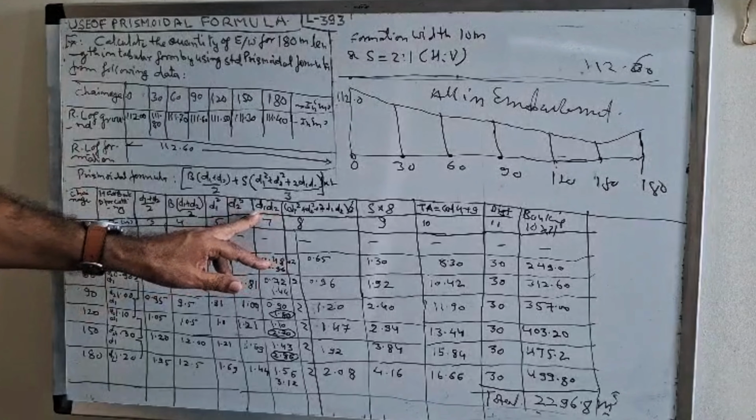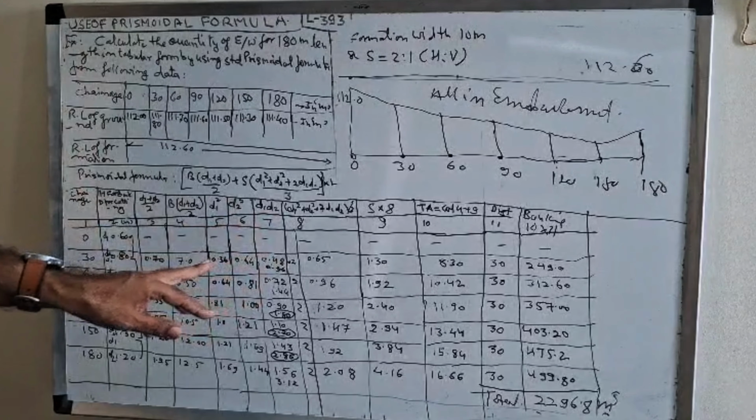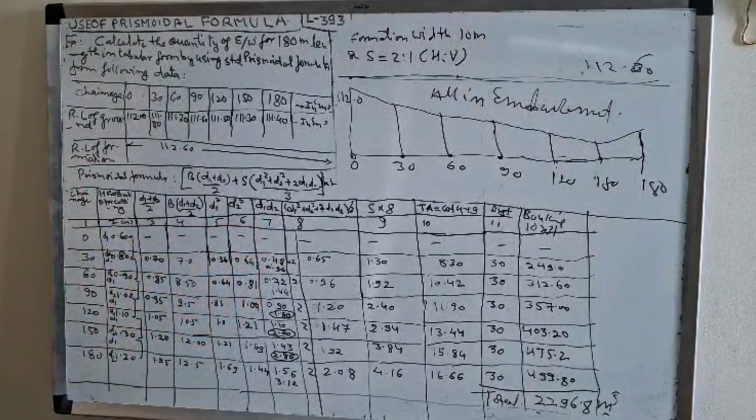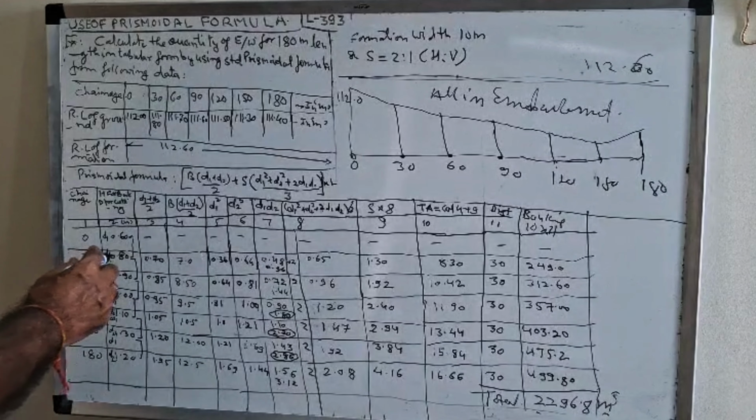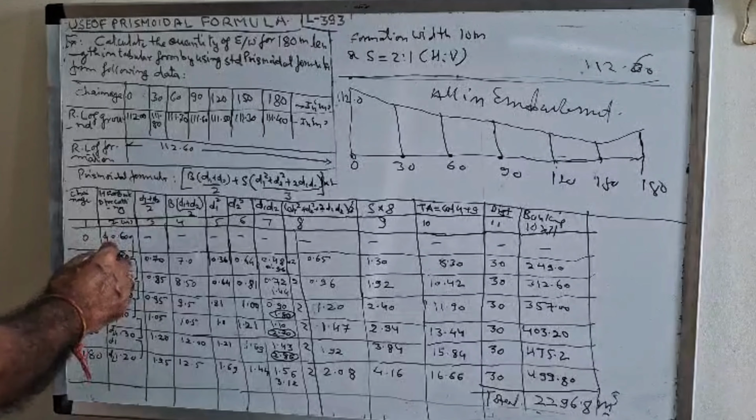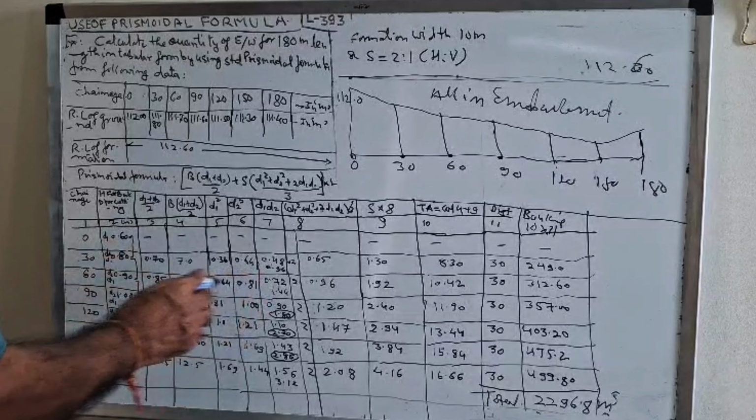You multiply d1 and d2. What will be d1 d2?